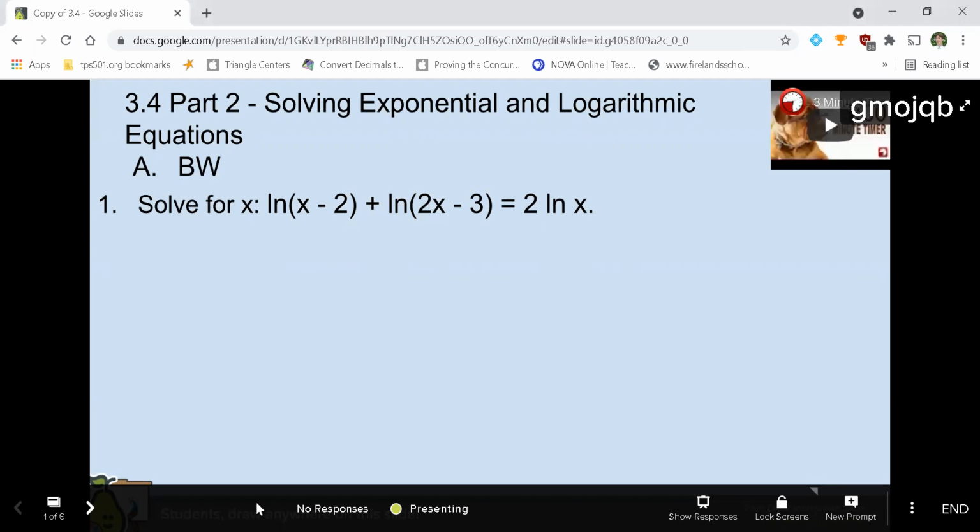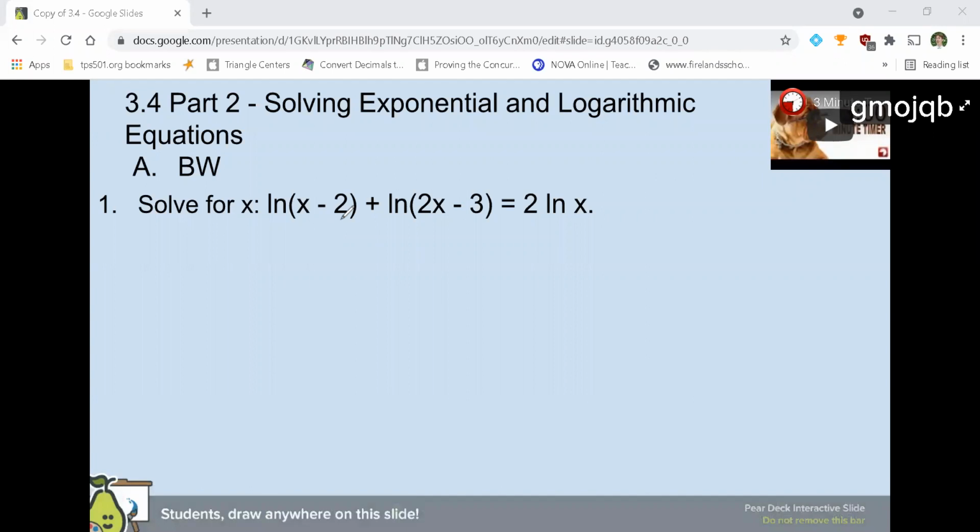Okay, let's go over it. So the first thing that you need to do is to get this as a logarithm equals another log.